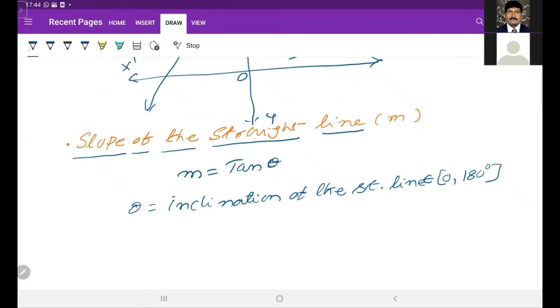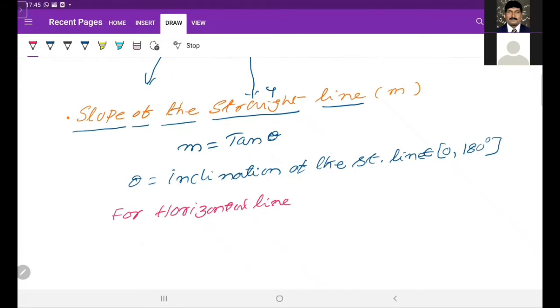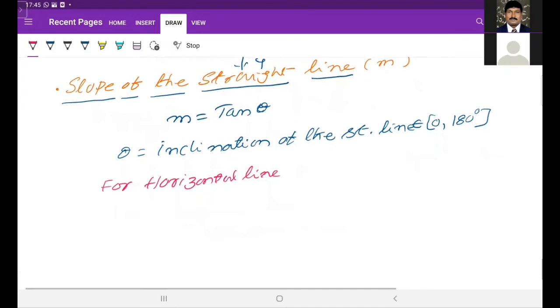For the horizontal line, vertical line, and inclined line, we have to learn all three. Understand? For a horizontal line, what is the slope now? M is equal to how much? Tan of the inclination, which for a horizontal line is 0 degrees.